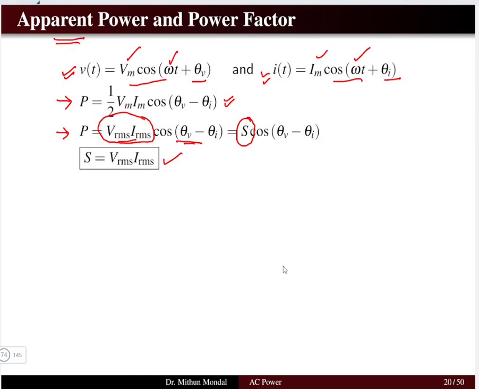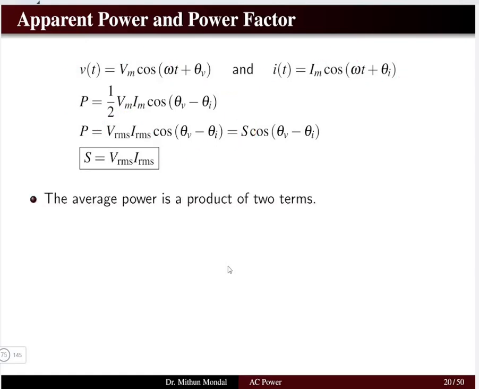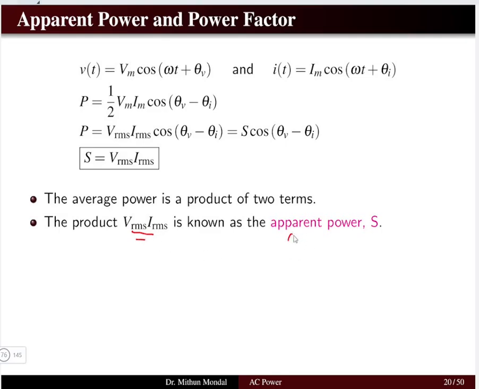So apparent power is the product of the RMS value of the voltage multiplied with the RMS value of the current, and it is denoted by S.